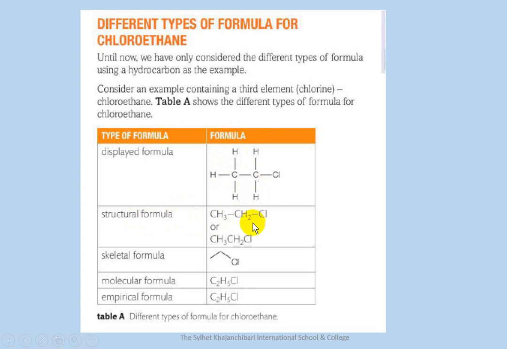This is the structural formula. Skeletal formula: how many carbons? 1, 2. This is the functional group. Molecular formula: carbon is 1 and 1, 2, hydrogen 3 and 2, 5, and chlorine is 1. For this, the molecular formula and empirical formula are the same, the ratio cannot be simplified.